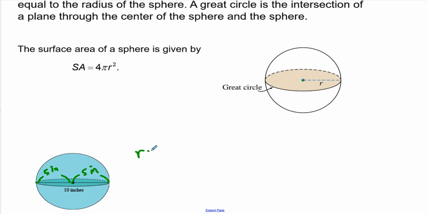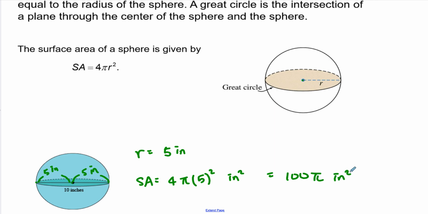So here our r is 5. Then the surface area will be 4 times pi times 5 squared, and square centimeters is the unit. So that gives us 4 times 25, 100 pi square centimeters. That's it.